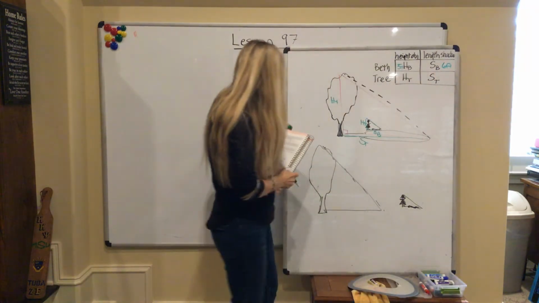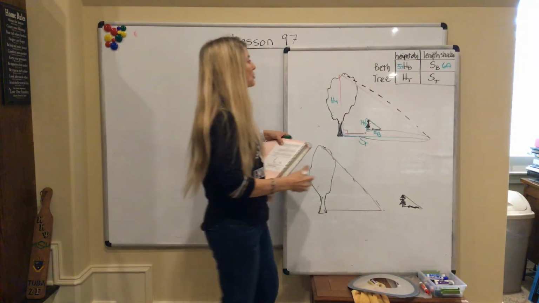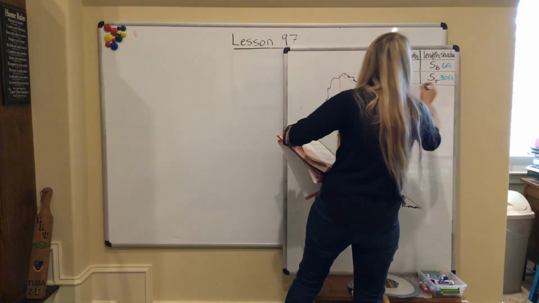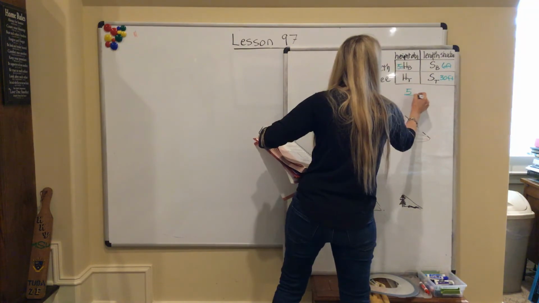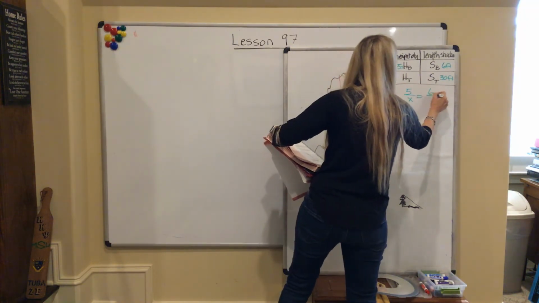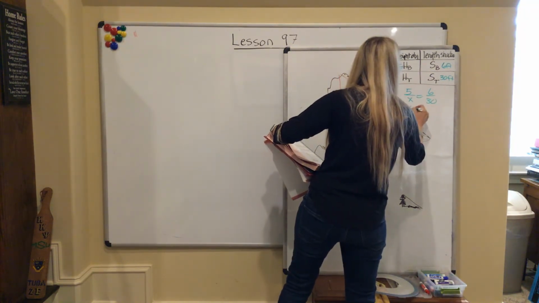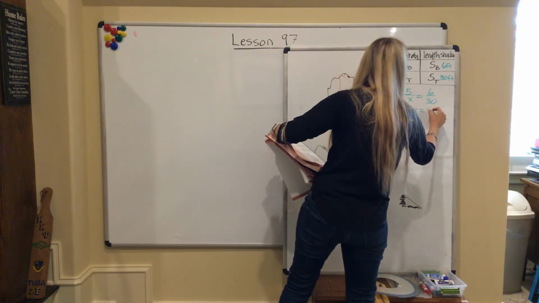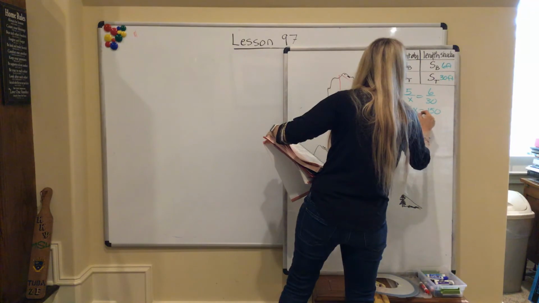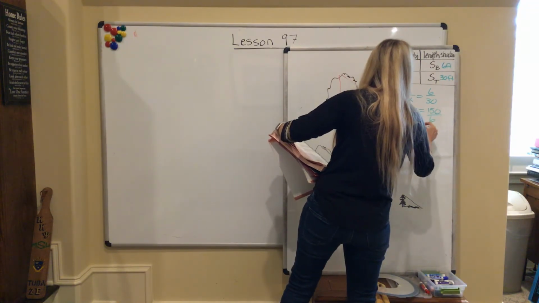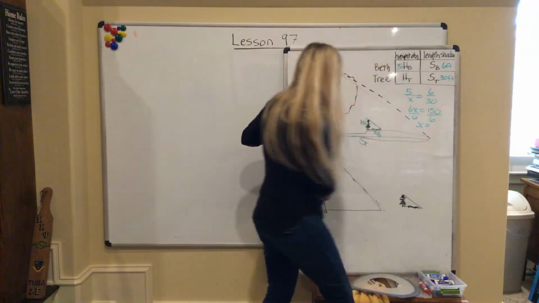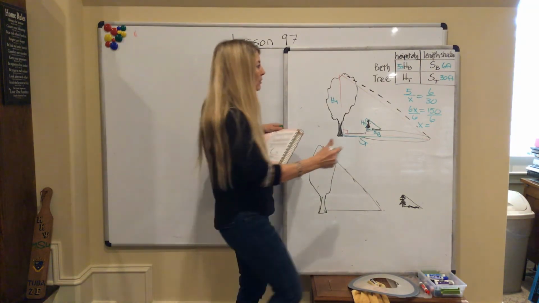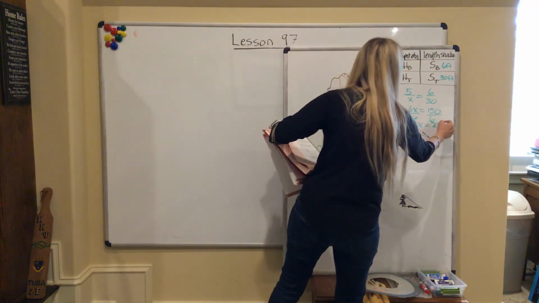And the length of the shadow of the tree, she might have estimated to be about 30 feet. So 5 is to x as 6 is to 30. 6x is 150, divided by 6, so x would have to equal 25.